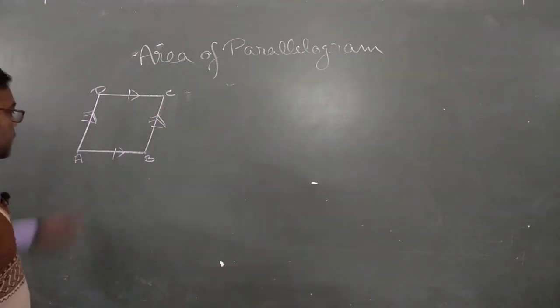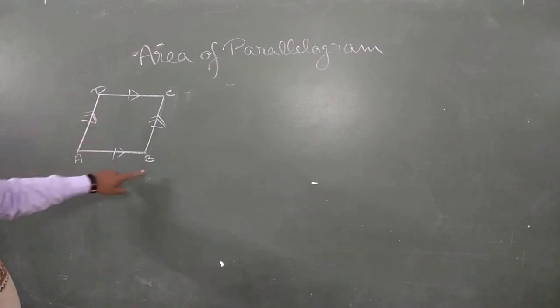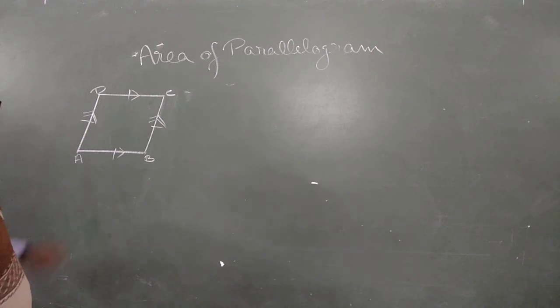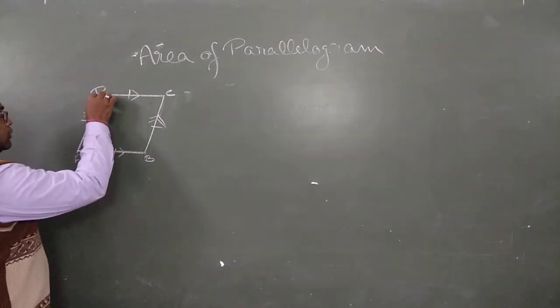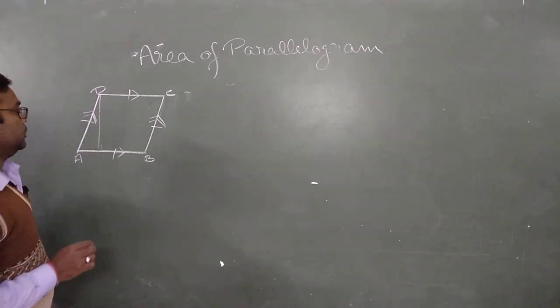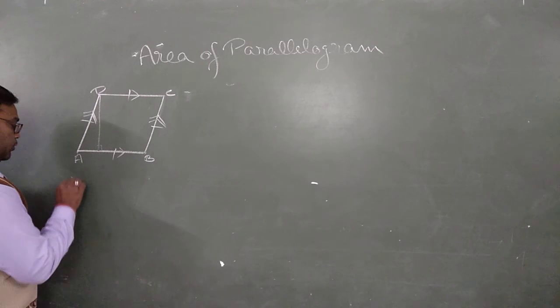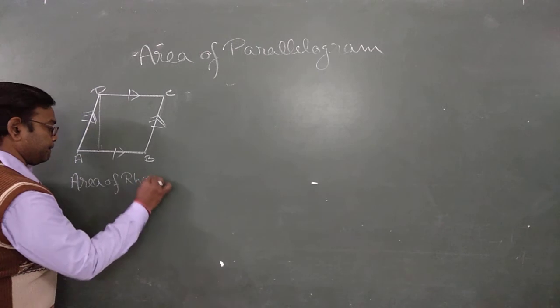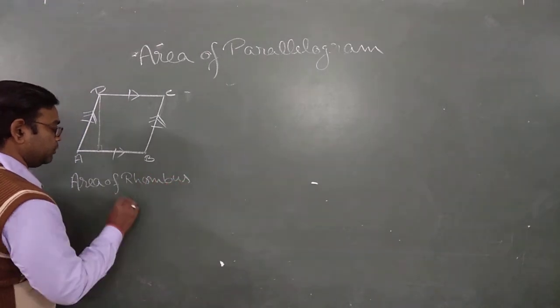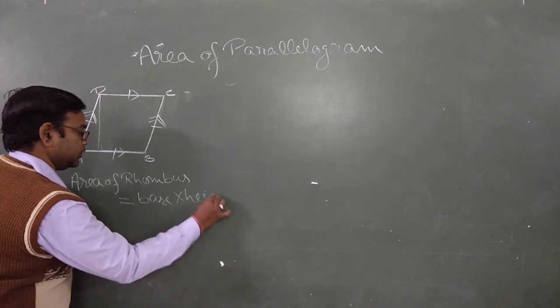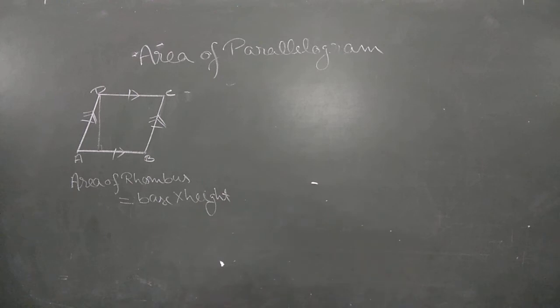Clear? Means AB is parallel to CD and AD is parallel to BC. All sides are equal to each other. As we know from the property of a parallelogram, this is the vertical height of the parallelogram. So area of rhombus equals base into height, that we know from the discussion of area of parallelogram.